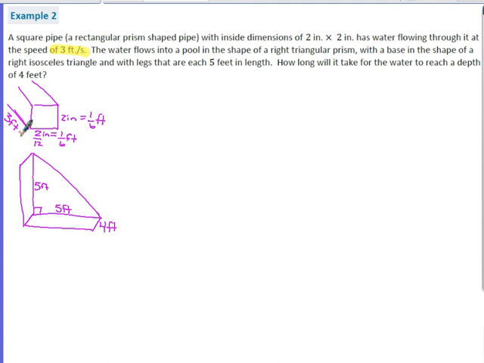So let's start with the volume of the rectangular prism. So we know volume is length times width times height for a rectangular prism. And our length and width are both 1/6 of a foot. And our height is going to be 3 feet, or depth rather.